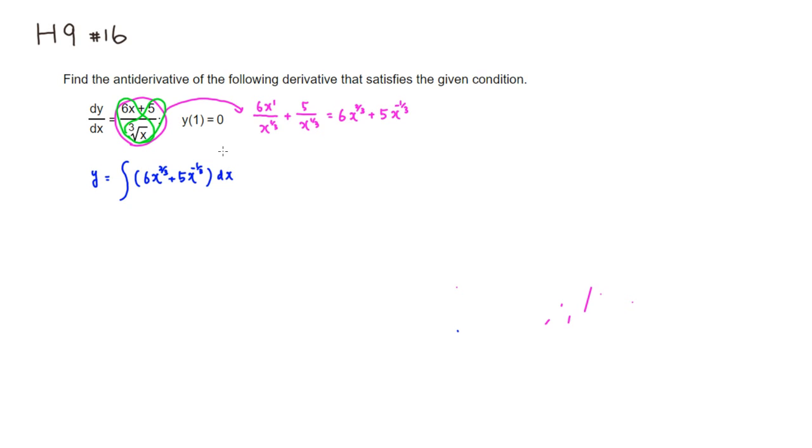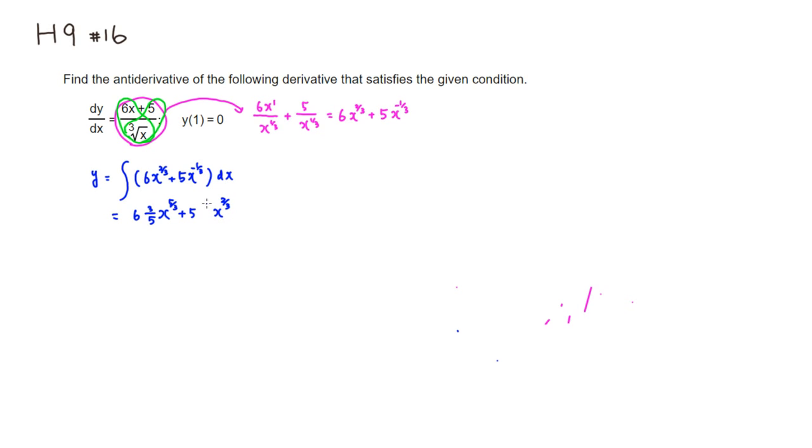So this is going to be equal to, 6 is just a number. Power rule: add 1 to the power, so 2/3 plus 1 is 5/3. Dividing by 5/3 is equivalent to multiplying by 3/5. Plus, 5 is already there; add 1 to the power, so negative 1/3 plus 1 is 2/3.